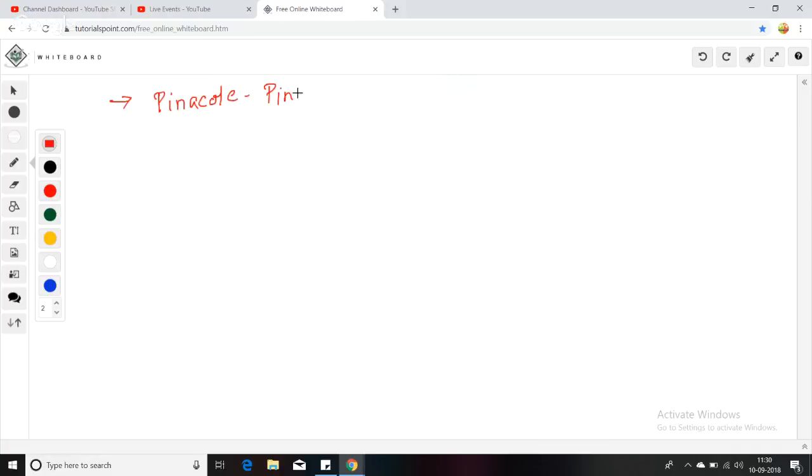rearrangement. You see the rearrangement of pinacol into pinacolone. That is the meaning of this. So what is pinacol?